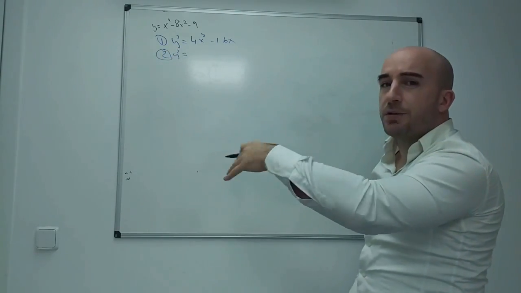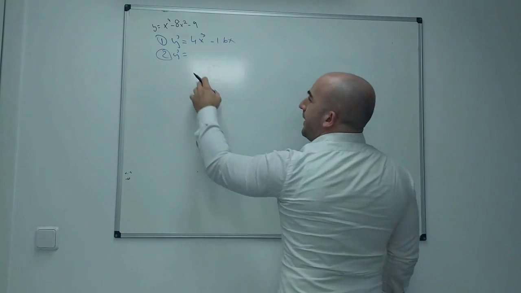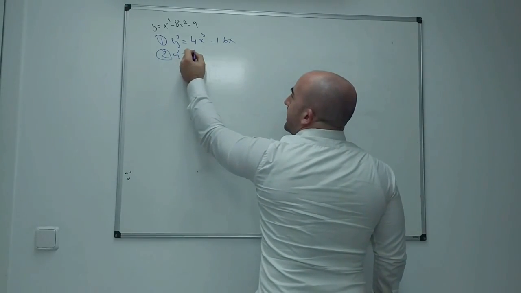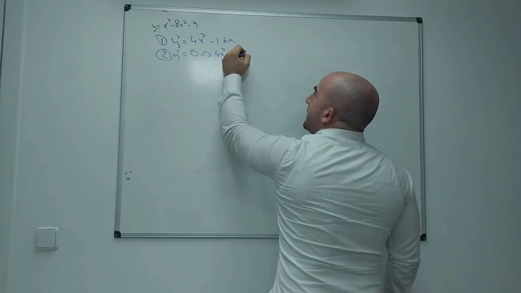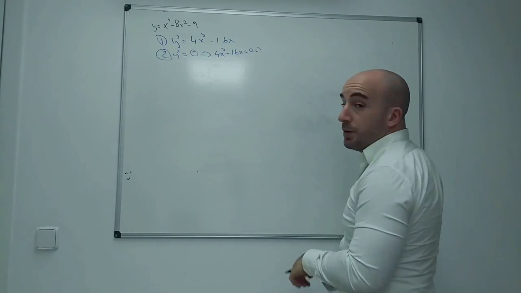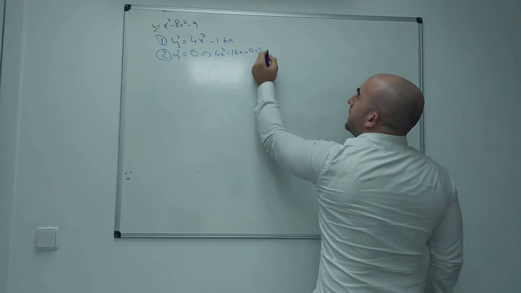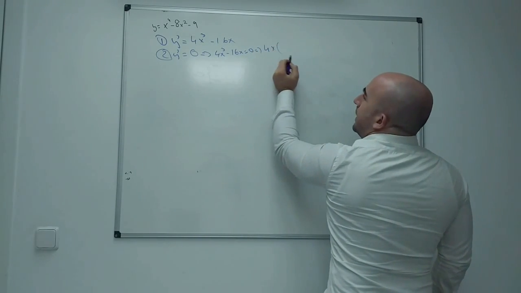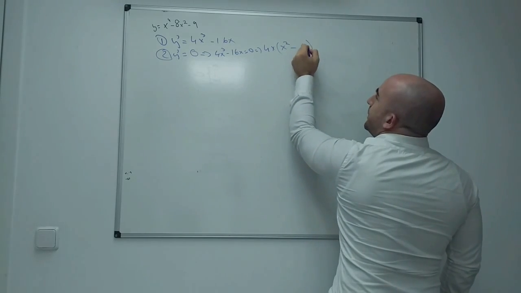Second step. You can stop the video, try and do this on your own and see if you get to the same result. So, second step, that's equal to 0, so that's 4x cubed minus 16x equals 0. As always, factorize: 4x, common factor, times x squared minus 4 equals 0.